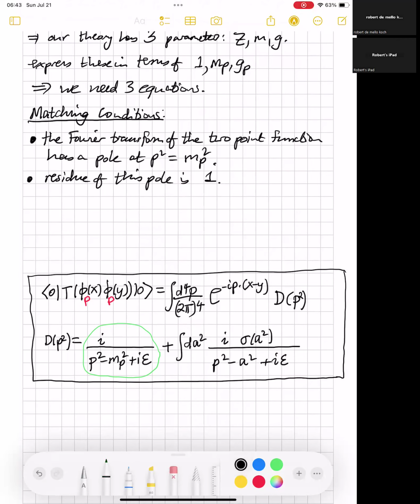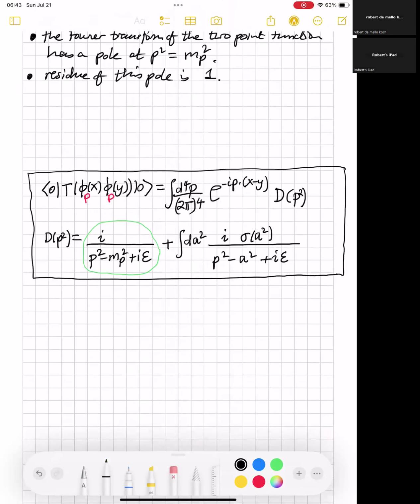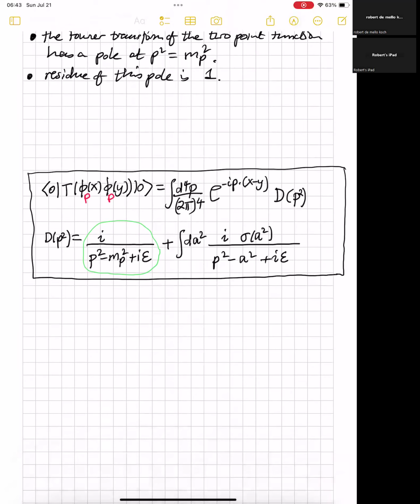Okay, so just to be completely explicit, how would you use these conditions? Well, you know how to calculate the 2-point function. You do it by drawing Feynman diagrams. Here we go, I'm going to draw it to 2 loops. So you take all of these, you would add them up.